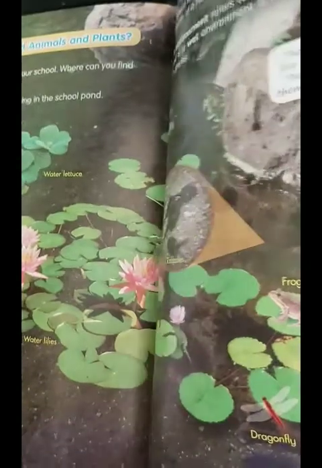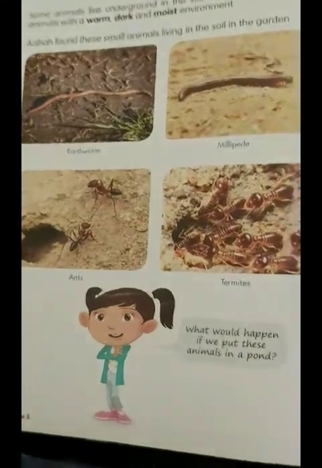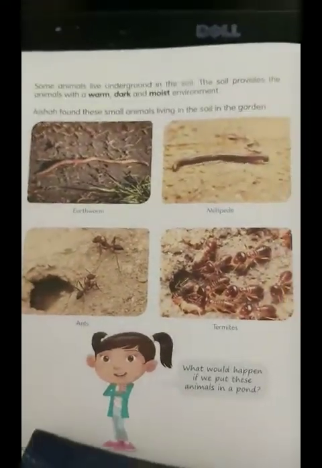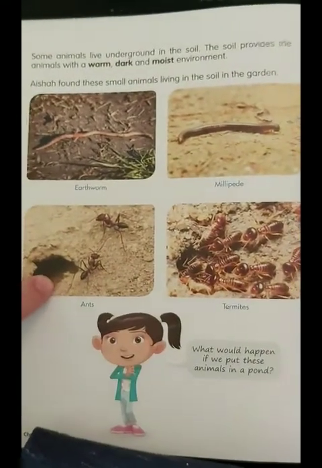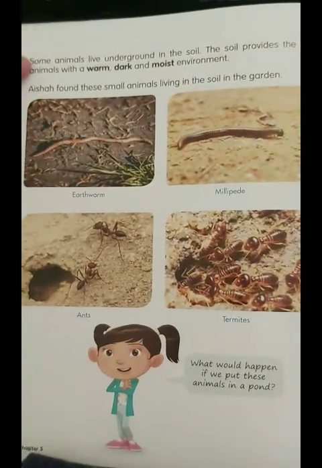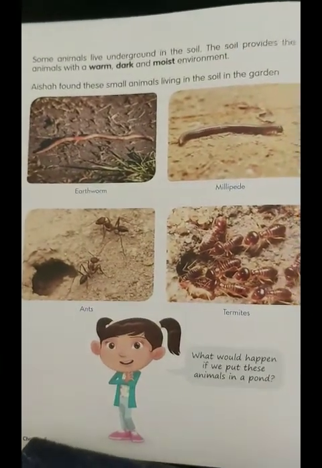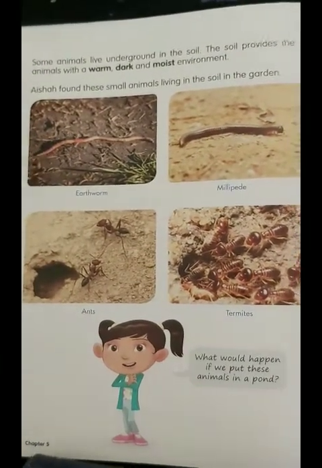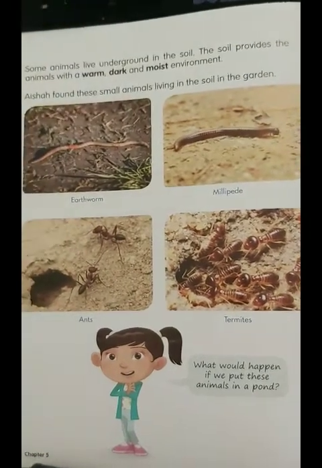So that was pages 82 and 83. Let's go to page 84. So these are different animals that live in different environments. Let's read what this page is saying. It's saying some animals live underground in the soil.